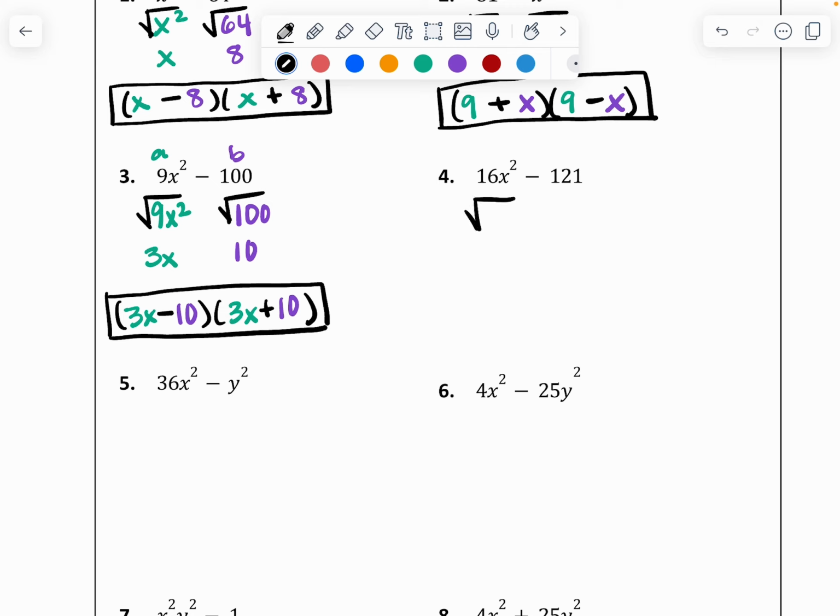Okay, let's take the square root of 16x squared and the square root of 121. Square root of 16 is 4, and x squared is x. Square root of 121 is 11.